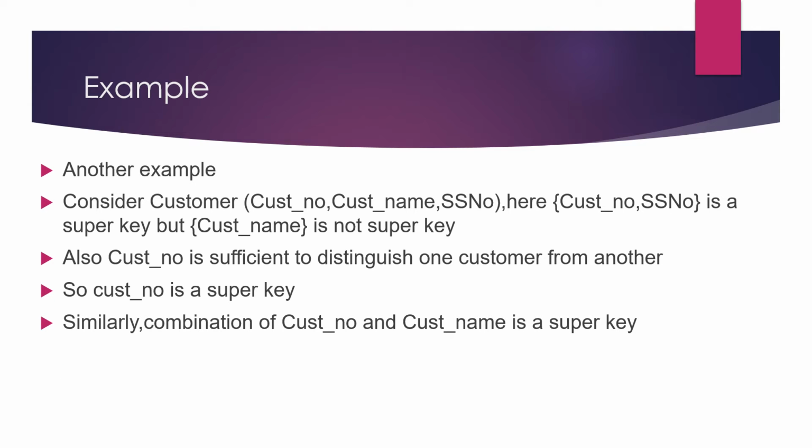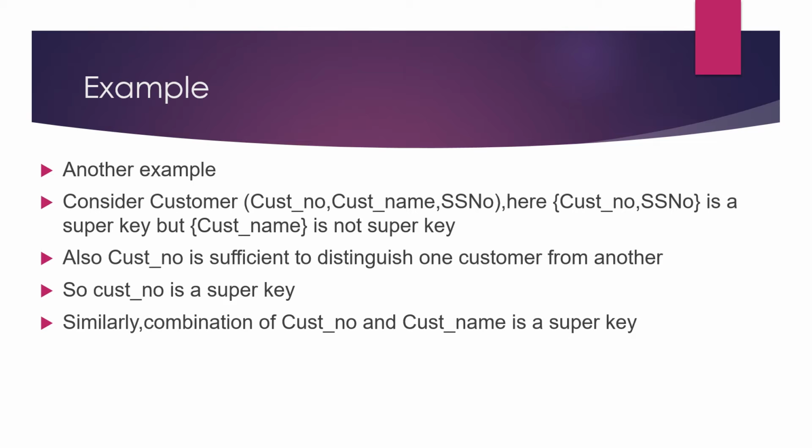There is another example of a super key. Consider the relation customer having attributes customer number, customer name and social security number. Here customer number and social security number is a super key because they cannot be repeated, but customer name is not a super key.